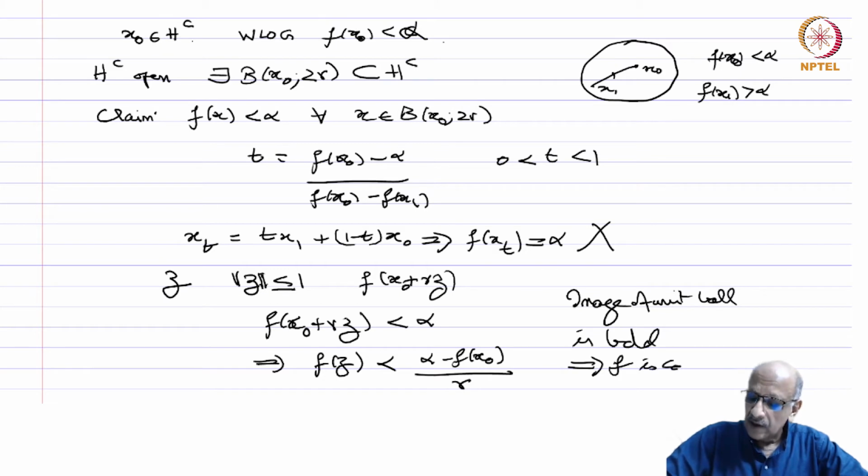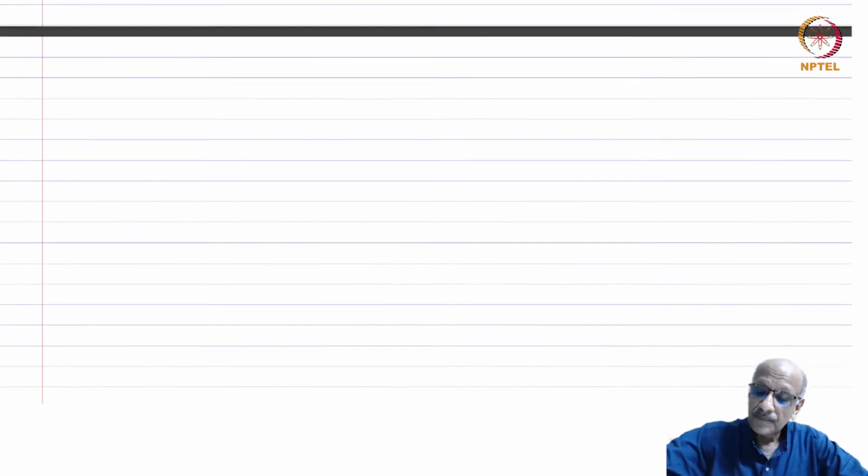This was one of the various characterizations of continuity which we have seen. So a closed hyperplane means a level set, a set where f of x takes a constant value, and f is a continuous linear functional.